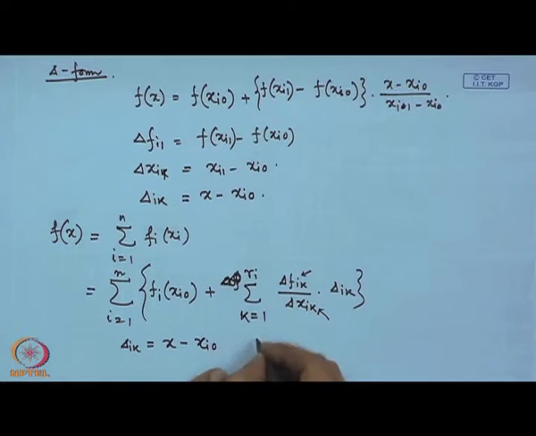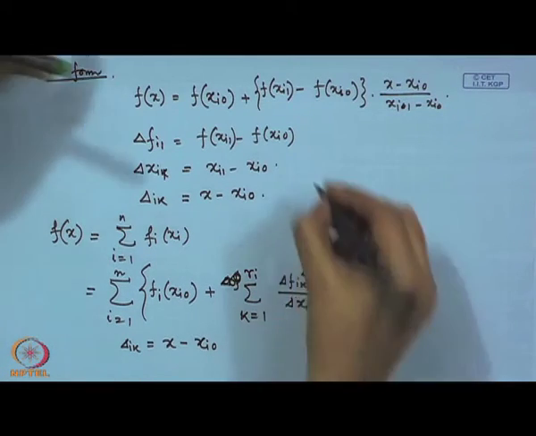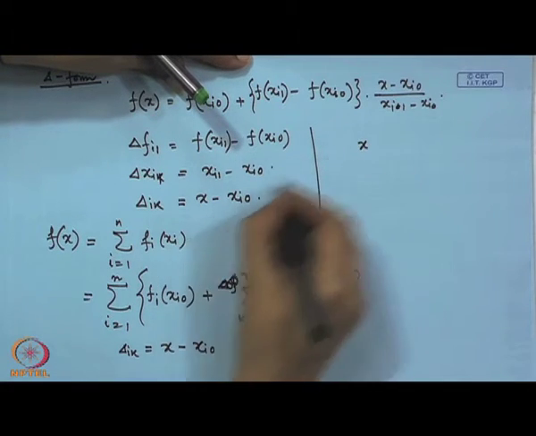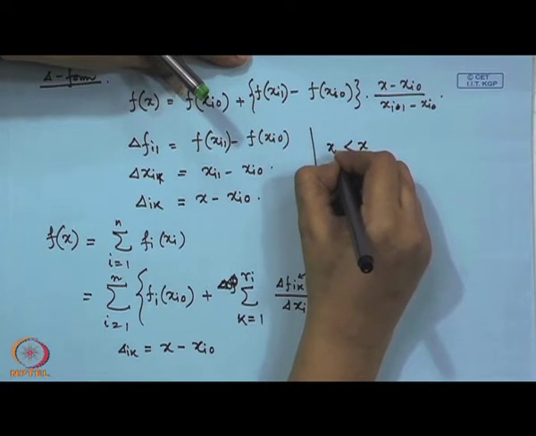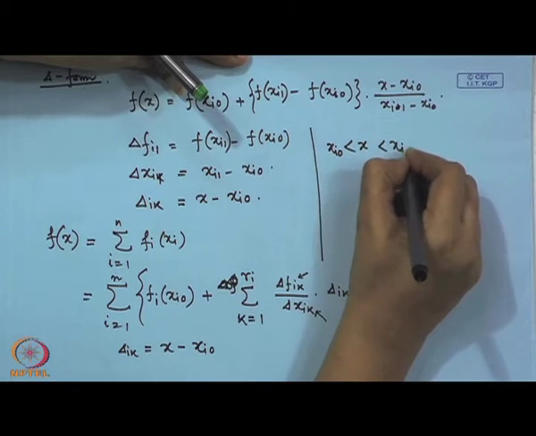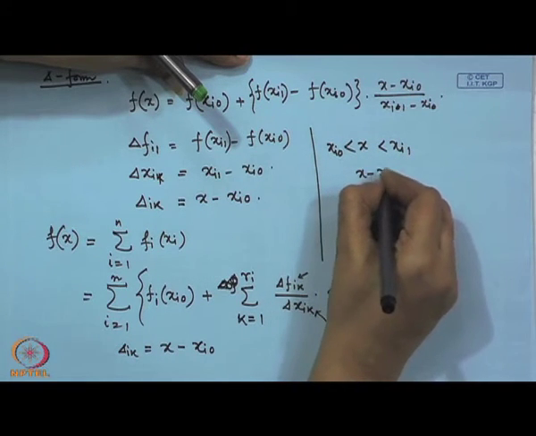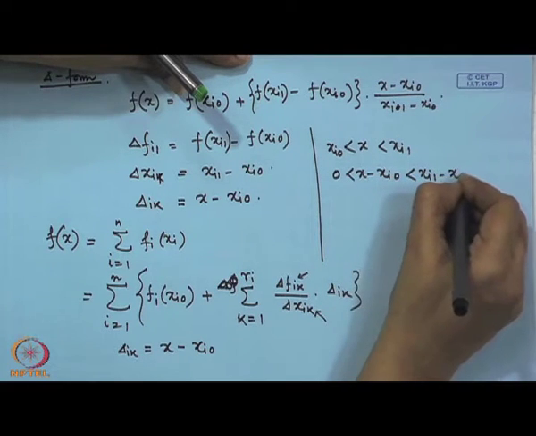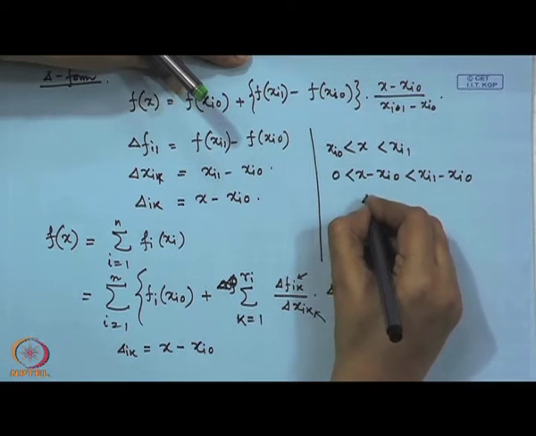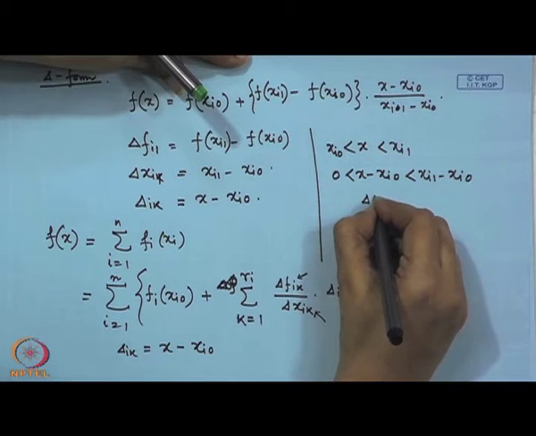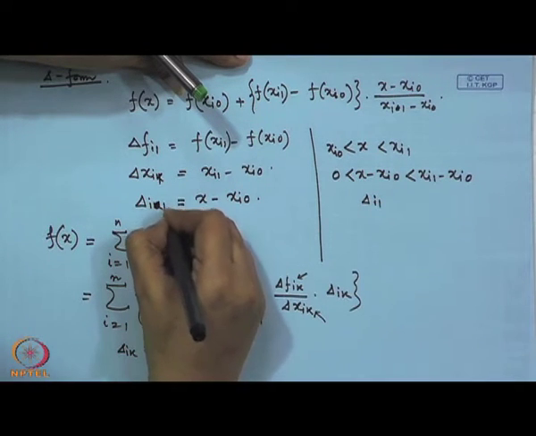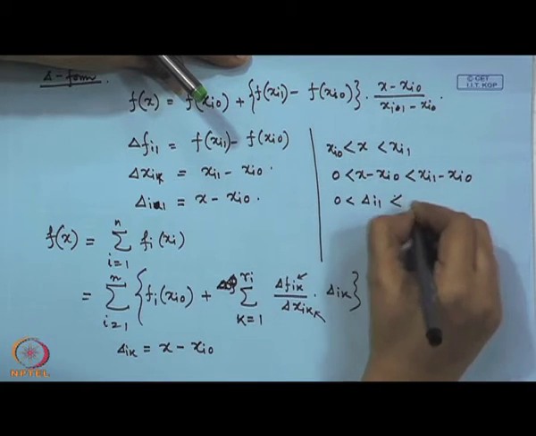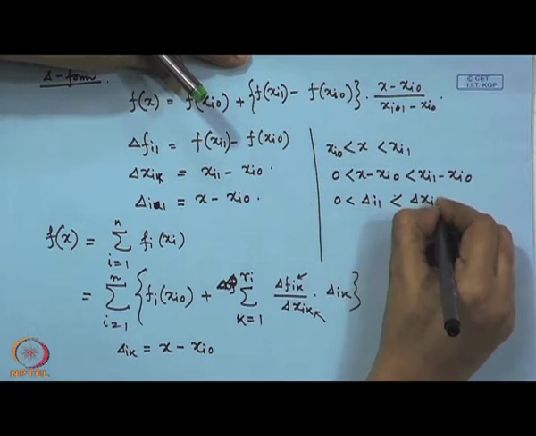Just see the range for delta ik. As we know, in this case x is in the first interval x i0, x i1. That is why x minus x i0 must be in between 0 and x i1 minus x i0. Thus, I can say that delta i1, here the index is 1, must be in between 0 to delta x i1.